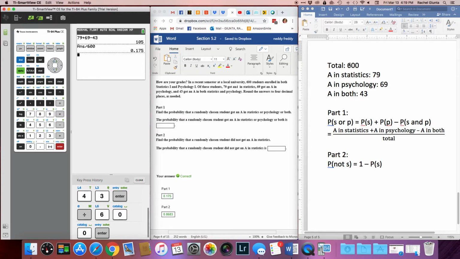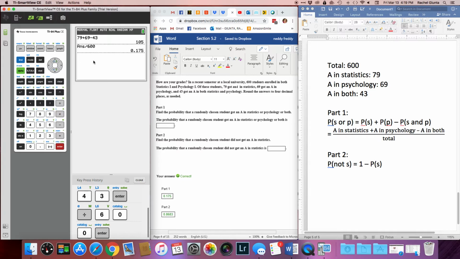So then to get the probability that they did not get an A in statistics, we're going to take 1 and subtract out the probability that they did get an A in statistics because there are only 2 categories in terms of what we're asking about here. There are the people who did get an A in statistics and the people who did not. You either got an A or you did not.